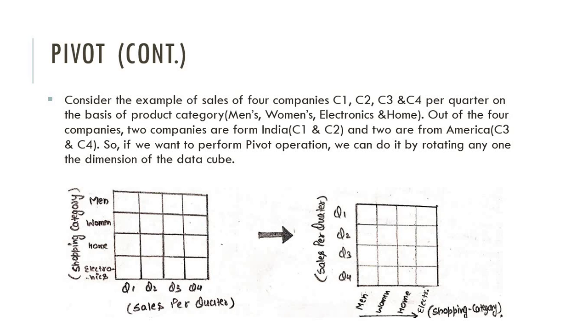So here on the x-axis we have the sales per quarter dimension, and on the y-axis shopping category is there. But after the pivot operation, on the x-axis the dimension is shopping category, and on the y-axis the dimension is sales per quarter. So this is the pivot operation.